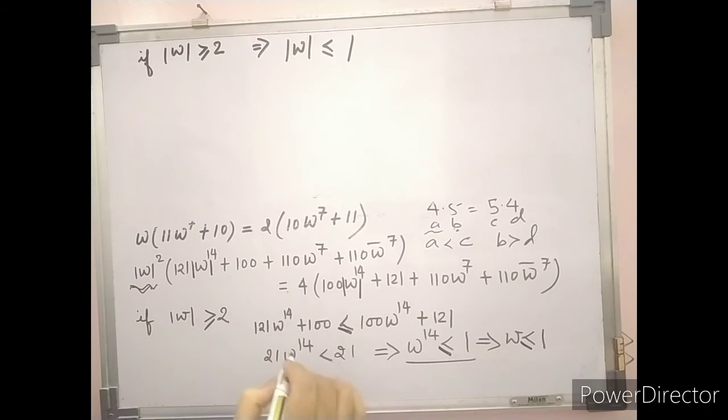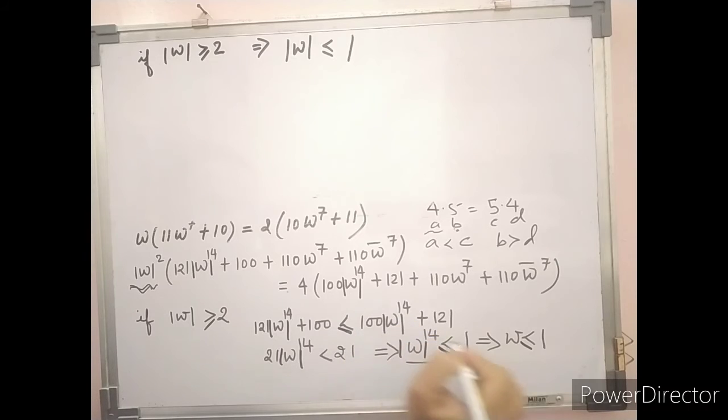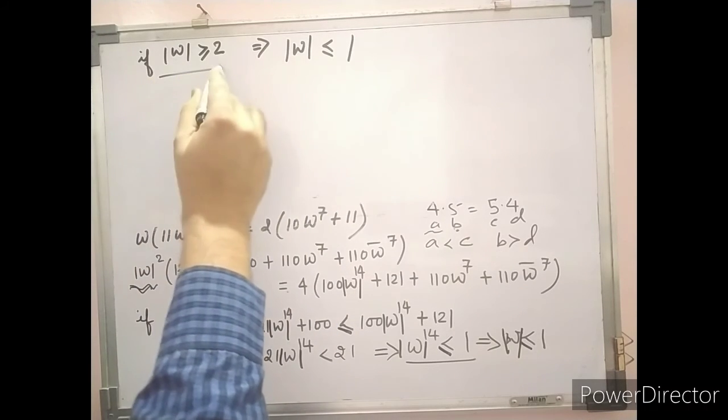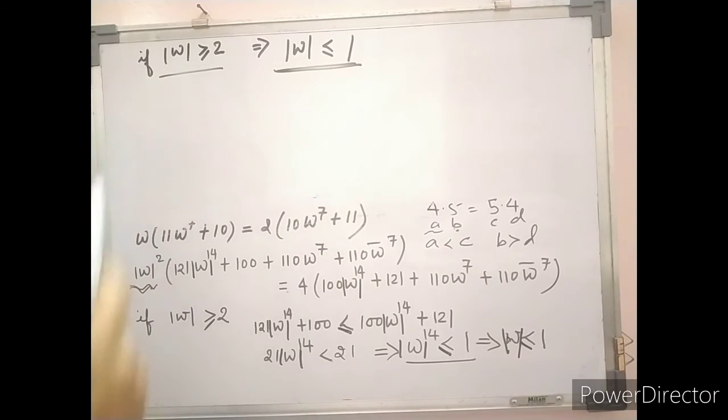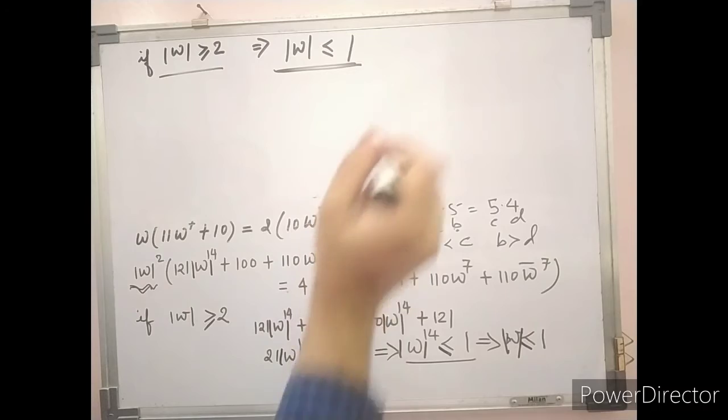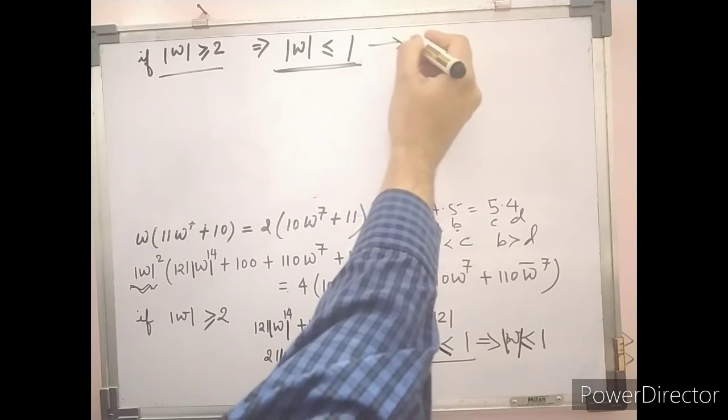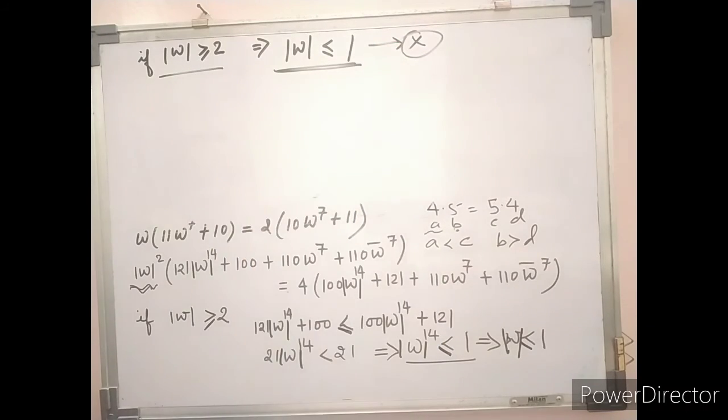We can't write without modulus. Mod of W to the power 14, I left it by mistake. So mod of W is less than equal to 1, right? Now these two statements are contradictory, right? Because one is saying that W is greater than equal to 2 and another is saying W is less than equal to 1. Is it possible simultaneously? No. Simultaneously these two statements can't hold, and so these two statements are false.